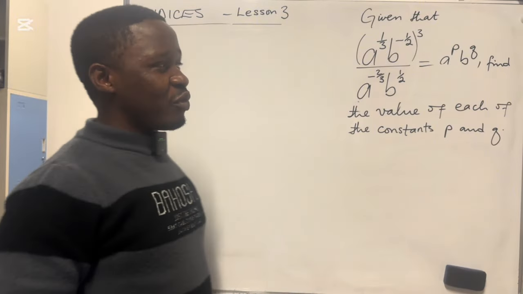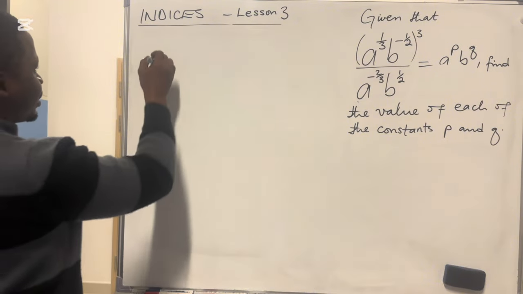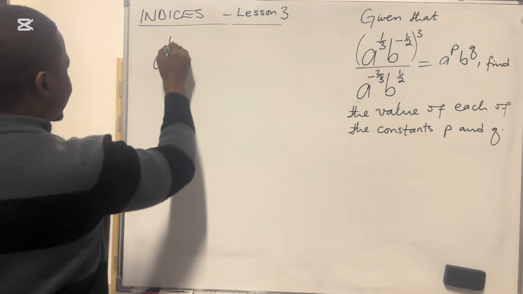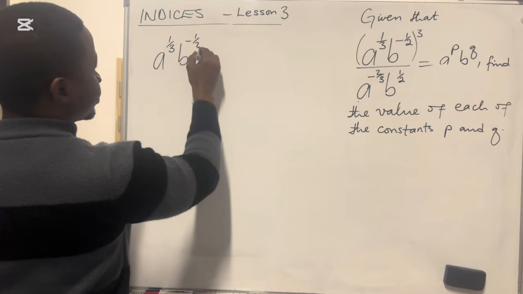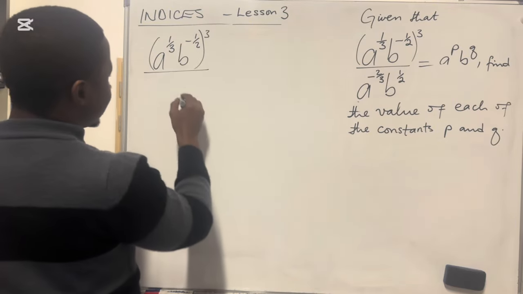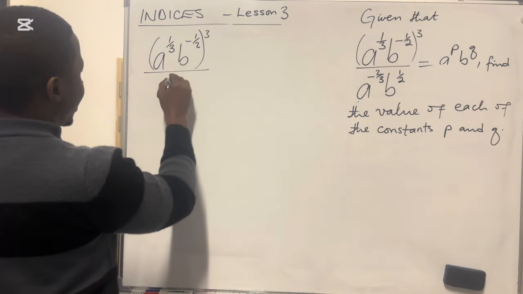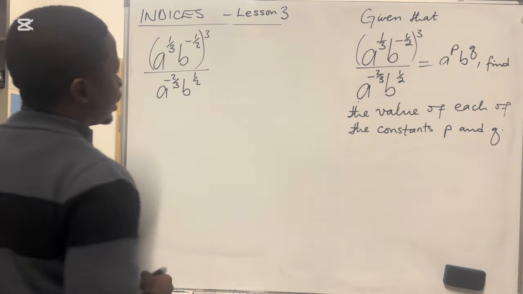Then we want to find the value of p and q. Okay, now for what we are given: a to the power 1/3, b to the power minus half, all to the power 3, divided by a to the power minus 2/3, b to the power half.